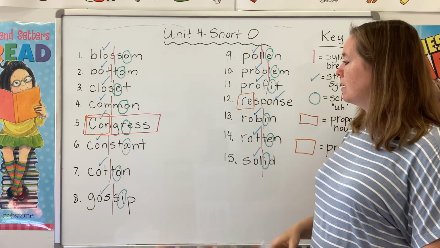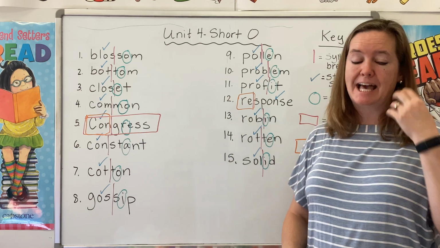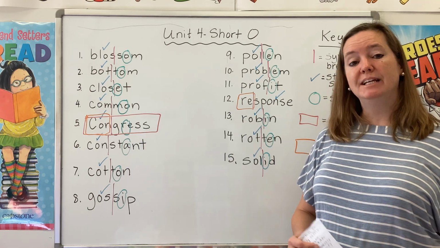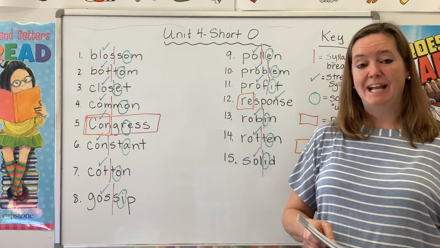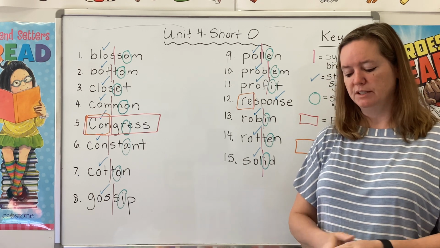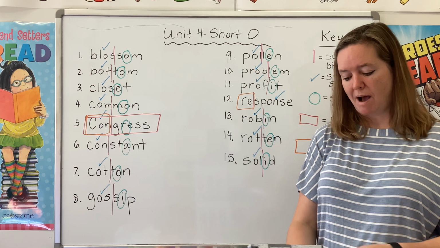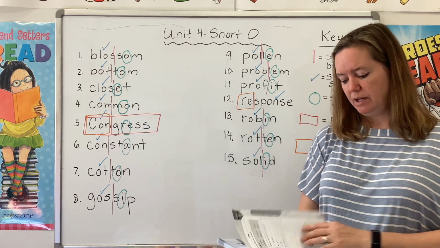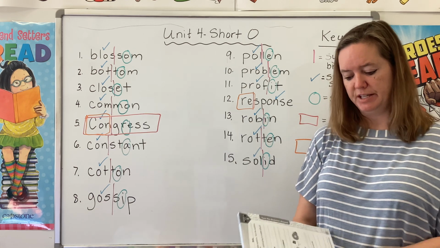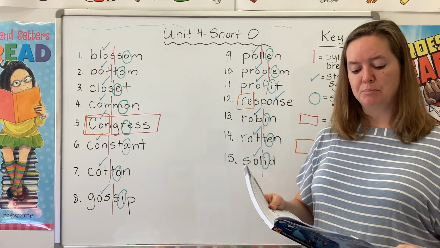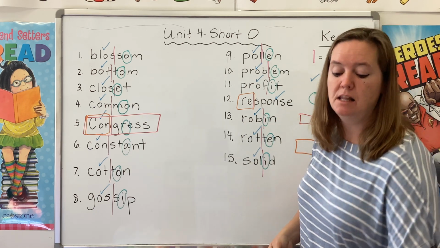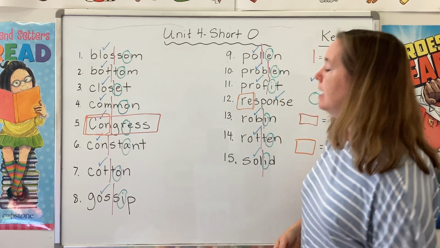Now, looking through our list, I don't see any suffixes, but there is a pretty common suffix that we could add to many of these words, and that is the ly suffix. And if you look at page 32, you'll notice you're going to have some practice with that ly suffix.